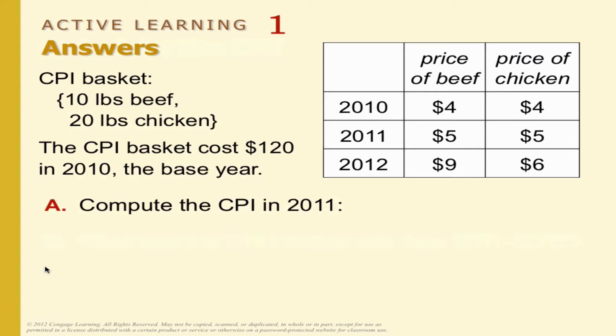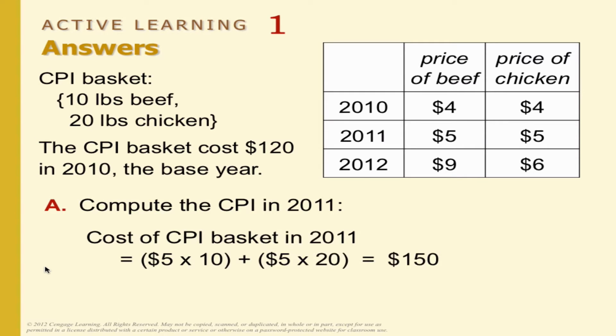Okay, CPI in 2011. Start with the cost of the market basket in 2011. Did you all get 150? And then your CPI was 125. What else did you have to calculate in order to be able to calculate the CPI in 2011?